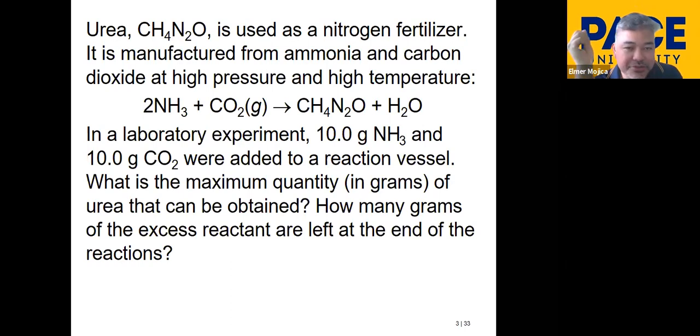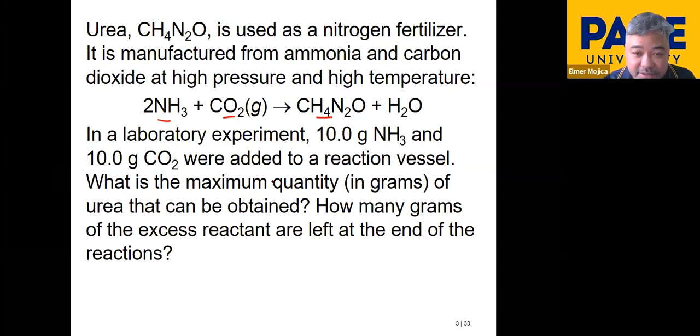You have here urea used as a nitrogen fertilizer, manufactured from ammonia and carbon dioxide at high pressure and temperature. So you have this reaction: 2 moles of ammonia reacting with 1 mole of carbon dioxide to produce urea and water.